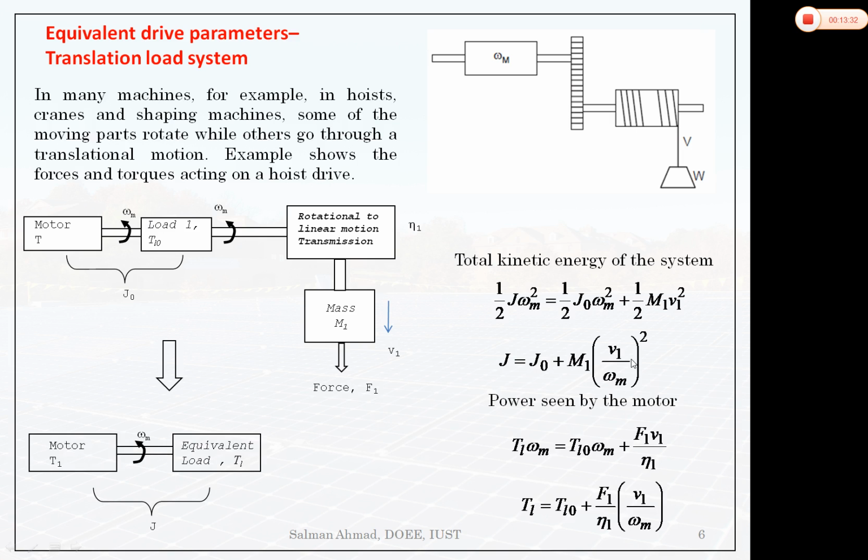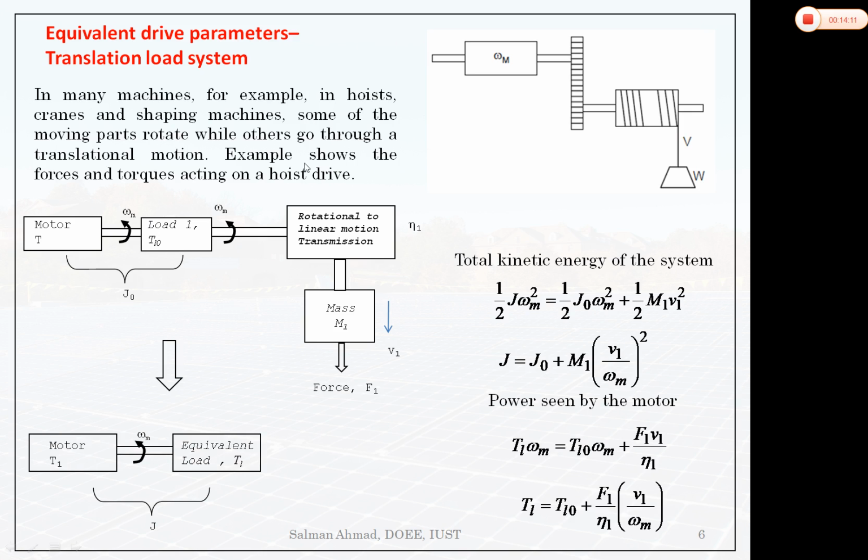Now to calculate the equivalent load torque seen by the motor, we have to compute the power seen by the motor. For this purpose, this system will have power TL into omega m. Now if we compute the power of this system, TL naught into omega m, since this load L naught is rotating at speed omega m, plus the power of this mass. If there is force F on mass m, then power will be F into v.